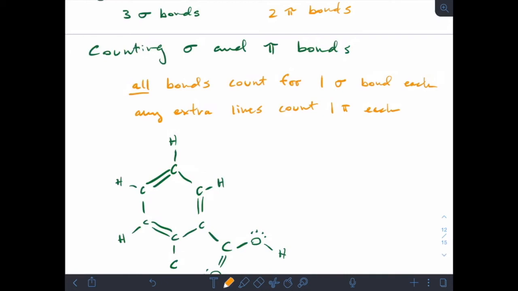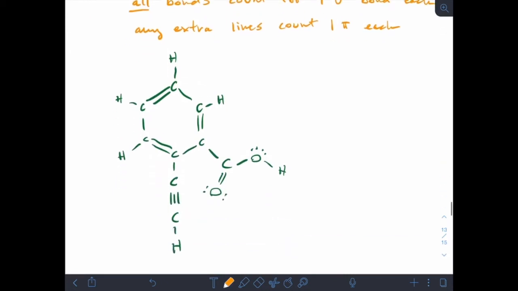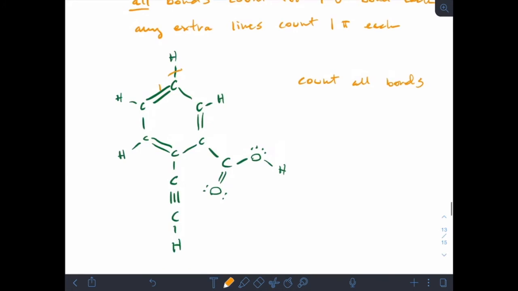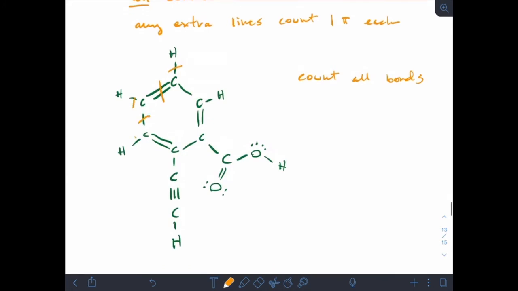Okay, so let's take a look at our big ugly molecule here. Now the first thing I want to do is just count every bond. Count all bonds. Okay, I'm going to go through and say 1, 2, 3, 4, 5, 6, 7, 8, 9, 10, 11, 12, 13, 14, 15, 16, 17.